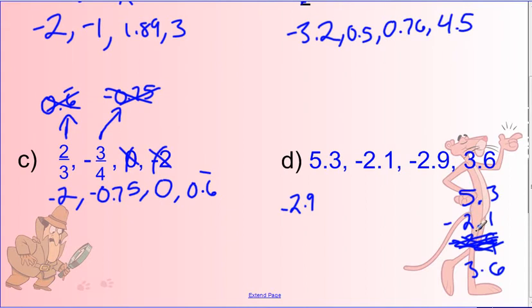Out of these 3 numbers that are left, this is the only one that has a negative, so that is the next smallest. Out of the 2 numbers that are left, we've got a 5-point something and a 3-point something. I hope you understand why 3-point is less than 5-point. And lastly, 5.3.